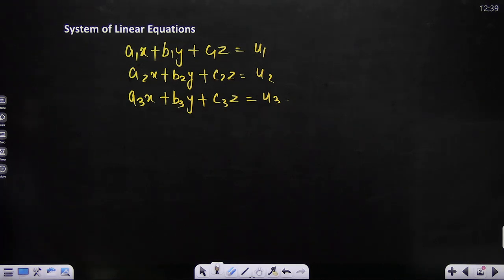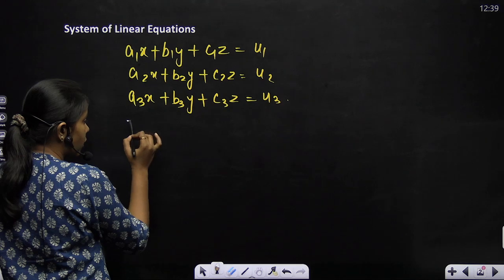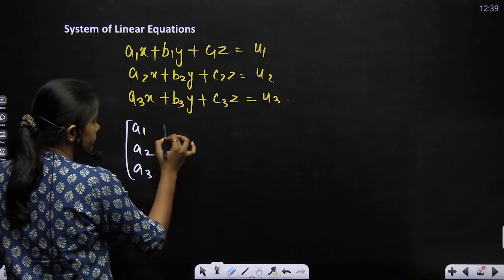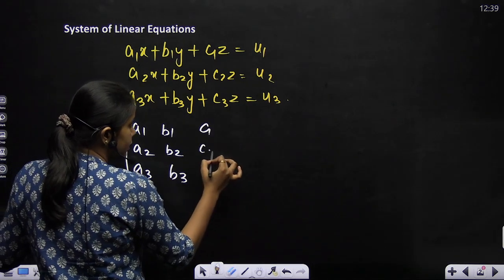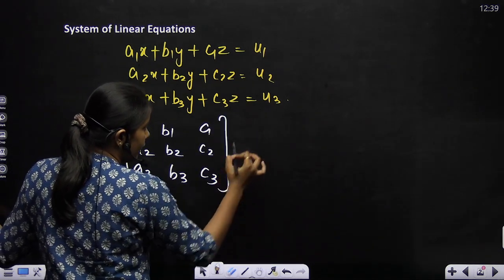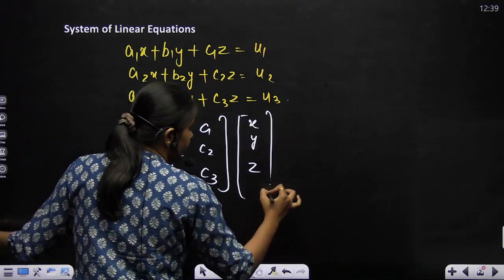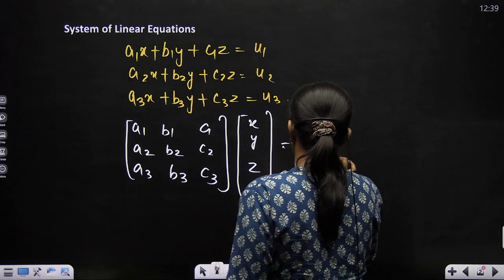in matrix format. I'll take all the coefficients A1, A2, A3, B1, B2, B3, C1, C2, C3, and here I can write down x, y, z, and here I can write down U1, U2, U3, right?